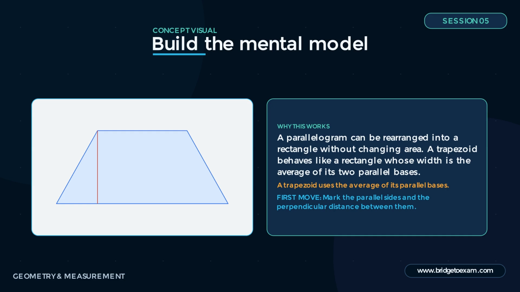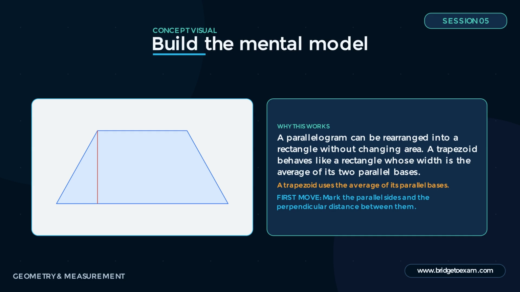A complete line of work should make the diagram, formula, substitution, arithmetic, unit, and conclusion easy for another learner to audit. Use this repeatable method. First, mark the parallel sides and the perpendicular distance between them. Second, for a parallelogram, calculate BH.